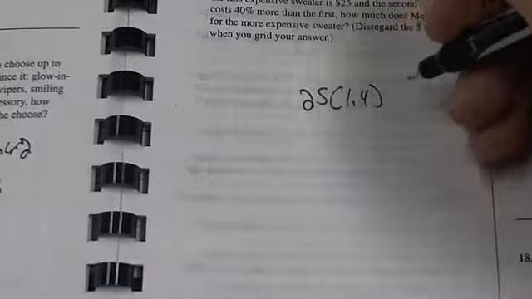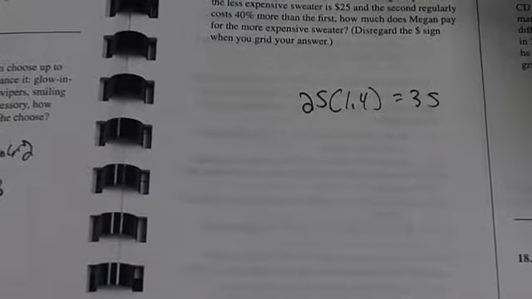When it's 40% more, you're multiplying by 1.4, because it's 40% plus the initial cost. So instead of finding 40% and then adding 25 again, you just multiply by 1.4. So 1.4 times 25 is 35. Yes, 35. Okay.